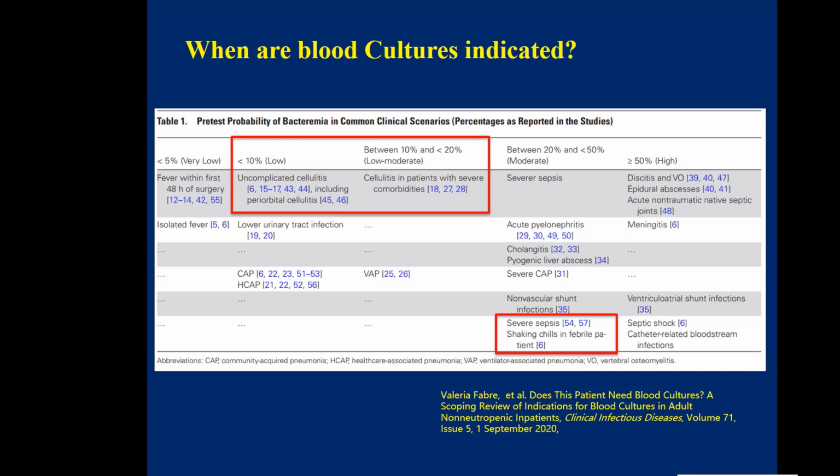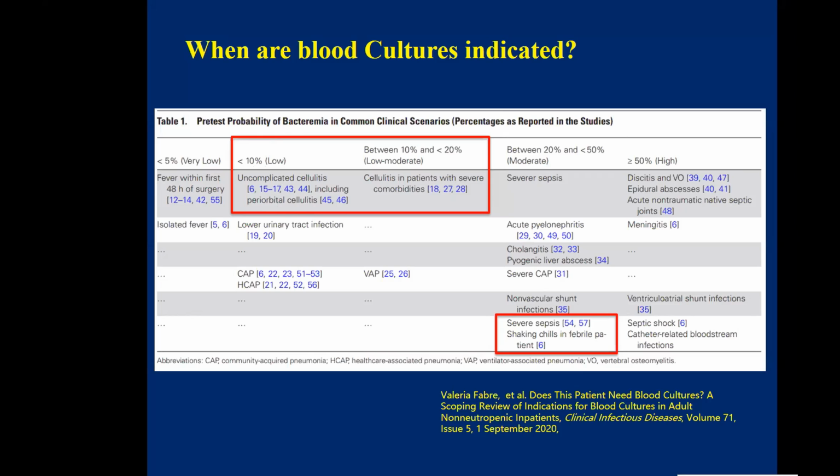This is from a recent systematic review of the pretest probability of bacteremia in common clinical conditions. We see here that for uncomplicated cellulitis, including periorbital cellulitis, the pretest probability of bacteremia is very low, less than 10%.